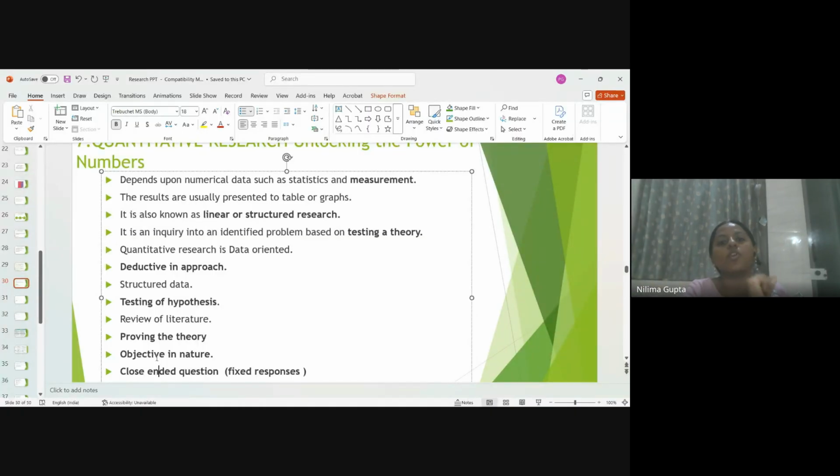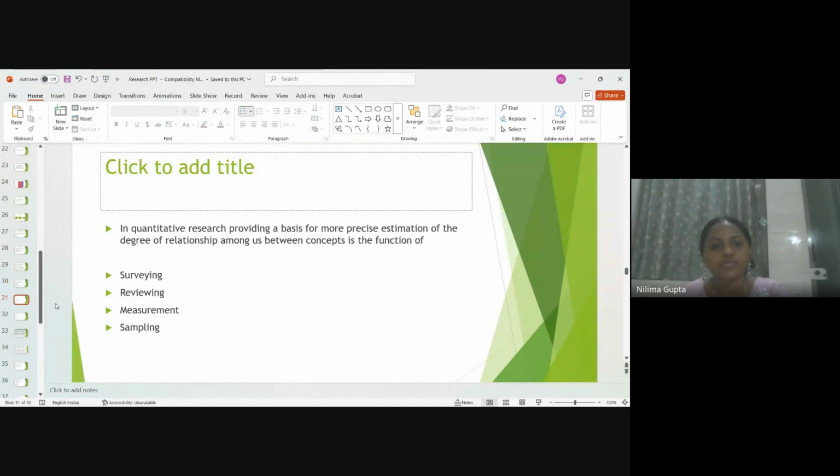You are given an option to give your personal response. That is subjective and open-ended. When I talk about quantitative, it is already given, rate between 1 to 5. So that means a very fixed response, and I know what that particular rating means. That is quantitative data.